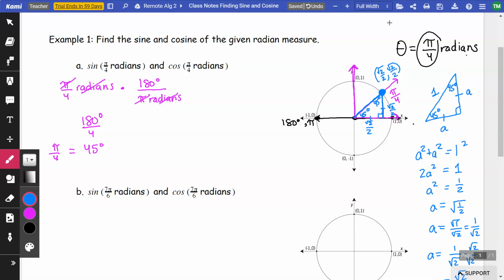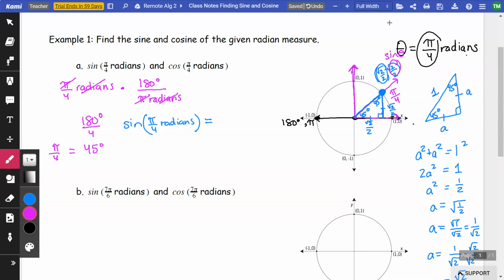So remember, the sine of the angle is equal to the x value of the point of intersection between our terminal side of the angle and the unit circle. So that means that the sine of pi over 4 radians is simply equal to, sorry, the sine is the y value, not the x value. Oh my goodness.